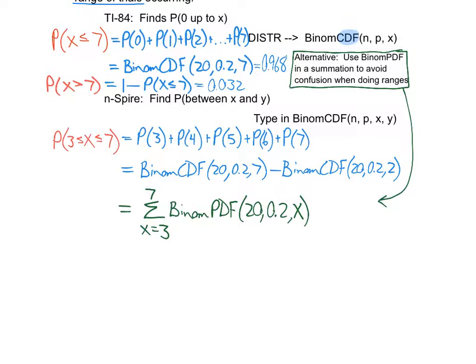Because we want to do it once when x is 3, then once when x is 4, then 5, and then 6, and then 7, and the sum will add them all up together. It sounds complicated. Let me show you on the calculator how it works. It's really not terrible.